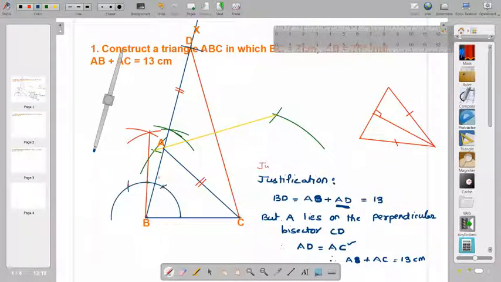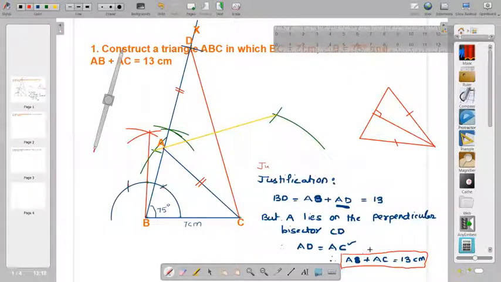ABC is a triangle where BC is 7 centimeters, whereas angle B is 75 degrees. This also we constructed, and AB plus AC, how much have we got here? 13 centimeters. The sum of the two sides we have got is 13 centimeters. That also we proved here. This is the justification.